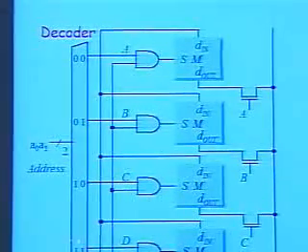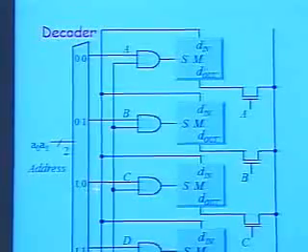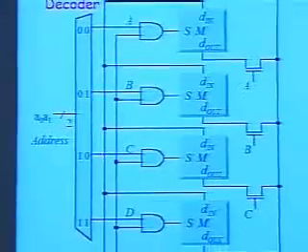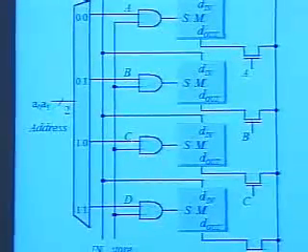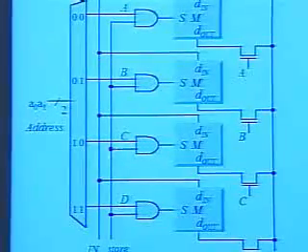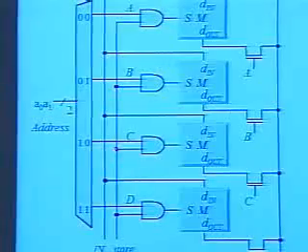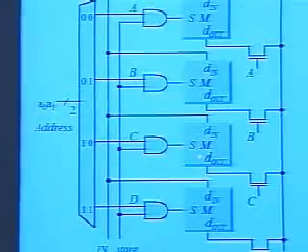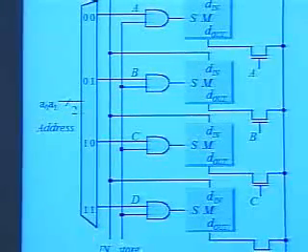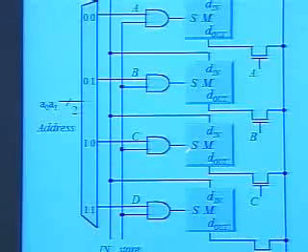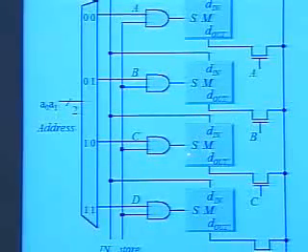So if, for example, we have a 1, 0, the only AND input that is going to be high is going to be this one, okay? And that means the only cell that will look at the input when the store comes up is going to be this one here, okay?